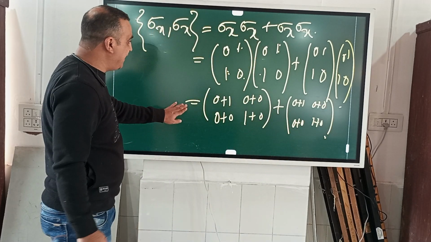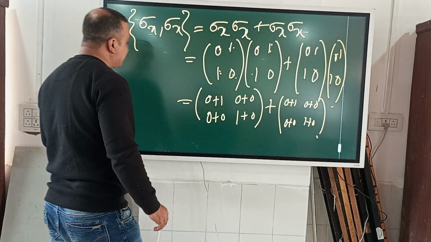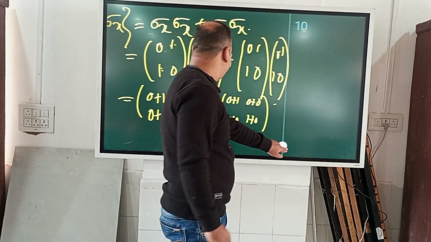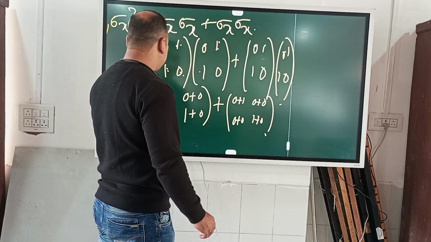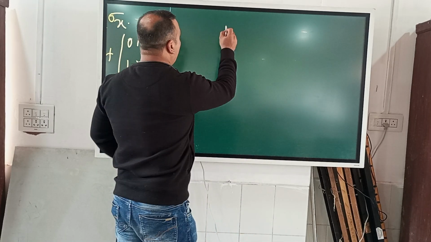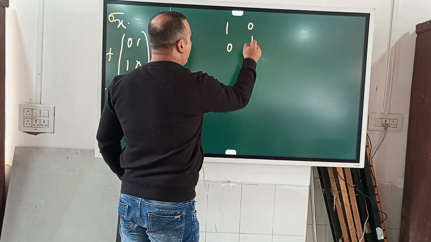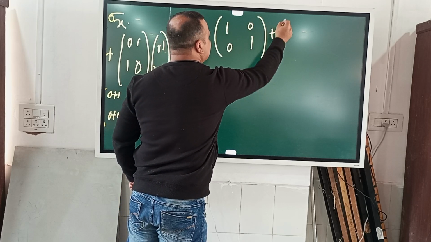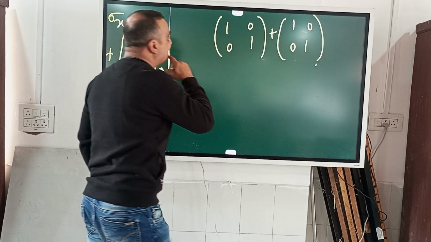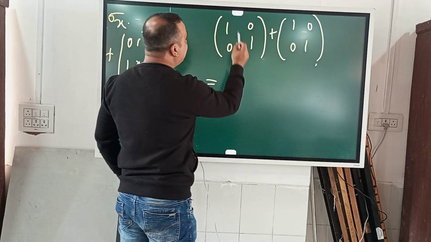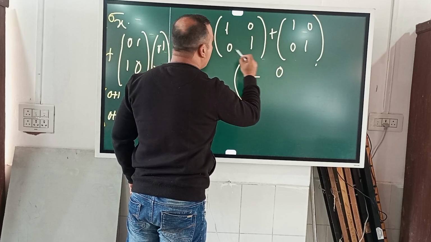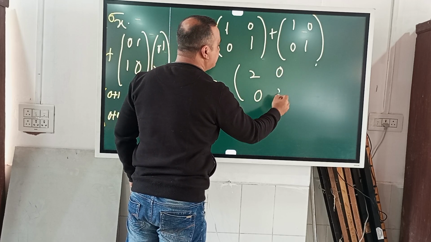So what will this lead us to? This will lead us to the anti-commutation relation between the same component. What is obtained here is 1, 0, 0, 1, and then plus 1, 0, 0, 1. So 1 plus 1 will lead us to 2, 0, 0, 2.